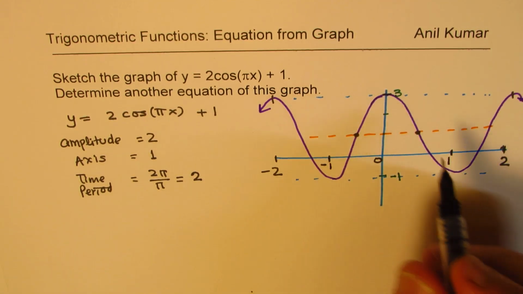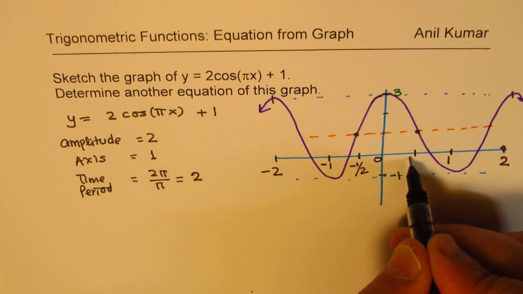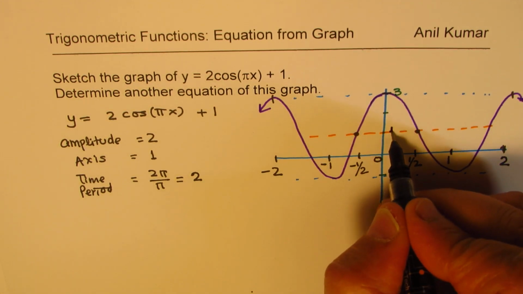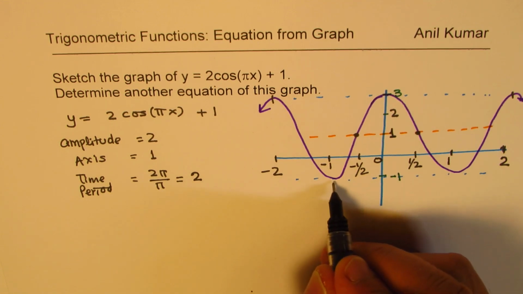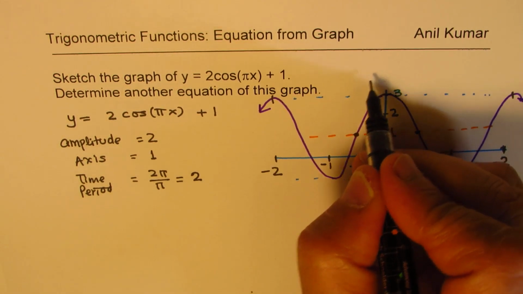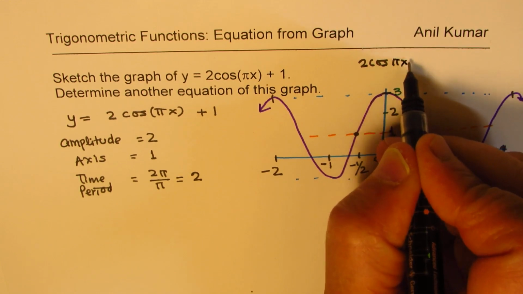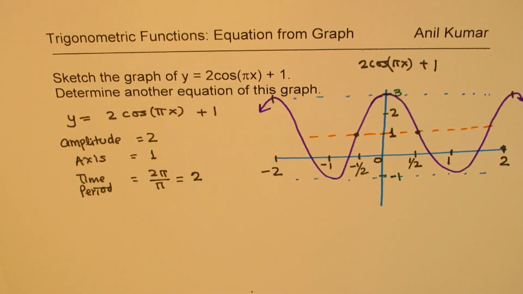So that is the approximate graph. This becomes -half and that becomes +half, correct? So that's your graph with axis at 1, right? And the maximum at 3, minimum at -1. Clear? So that becomes the graph of the function, which is 2 cos pi x plus 1. Perfect? Now that is the first part of this question.